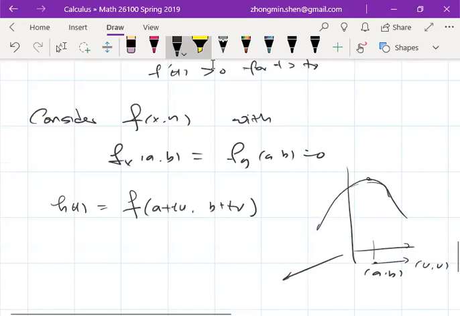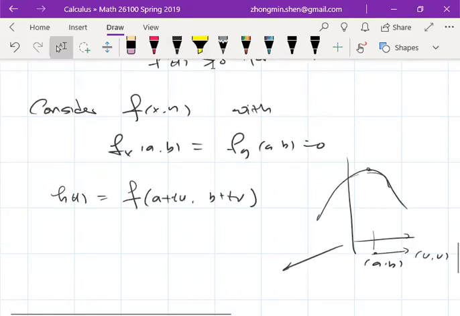So if the function has a local maximum point, then h of t should have a local maximum value at t equals 0. So think about that.